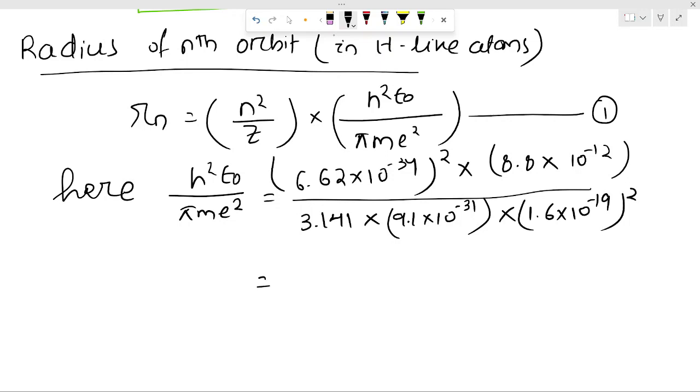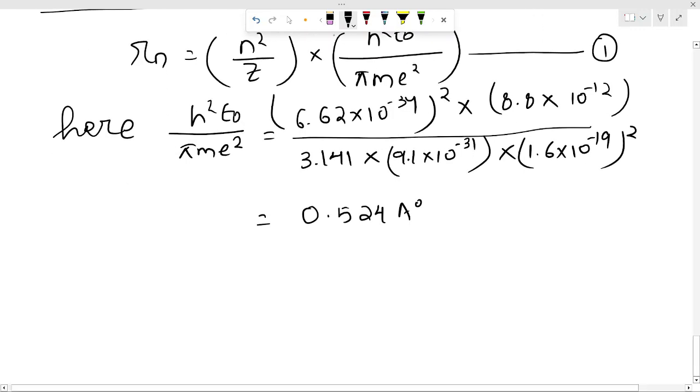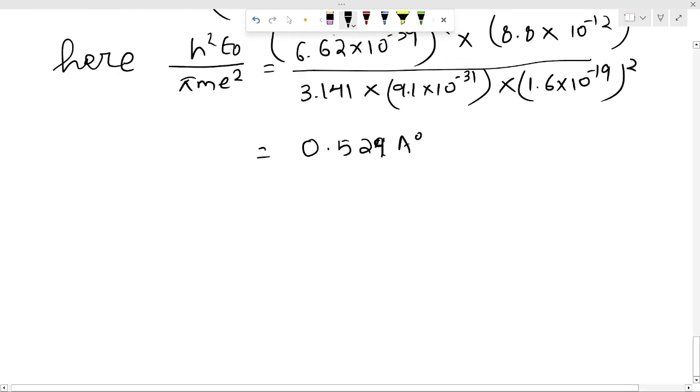By calculation, you can get the value as 0.529 Armstrong.